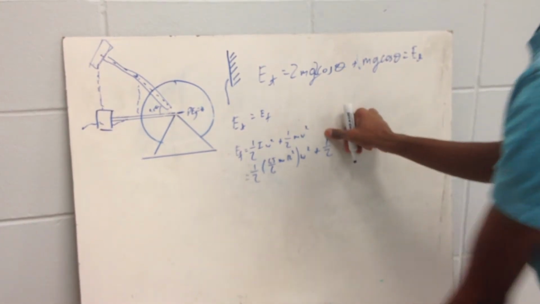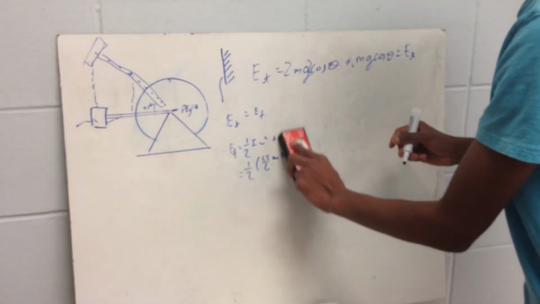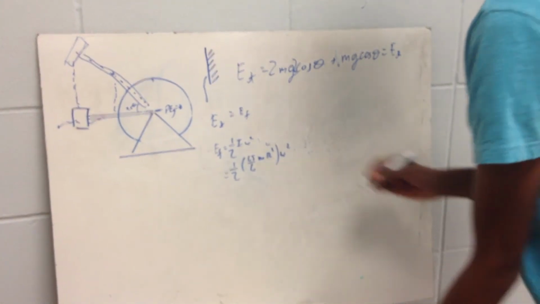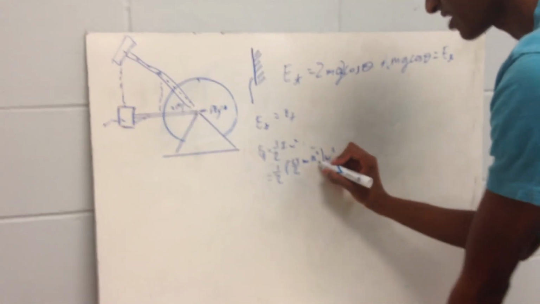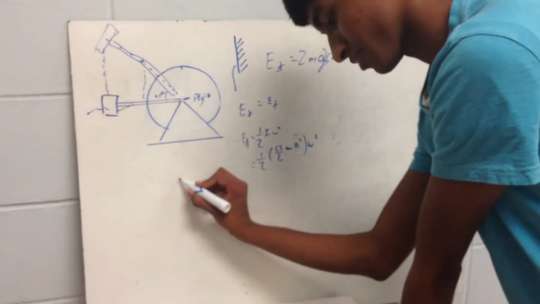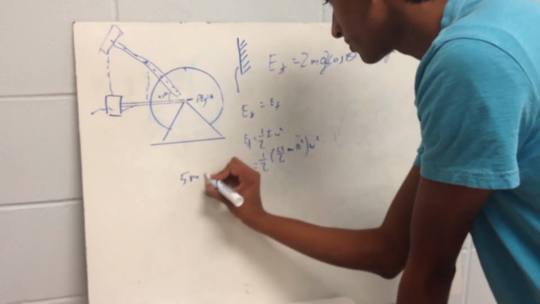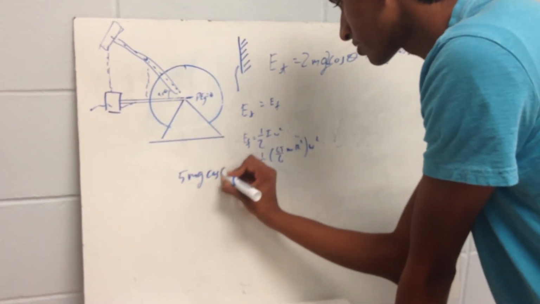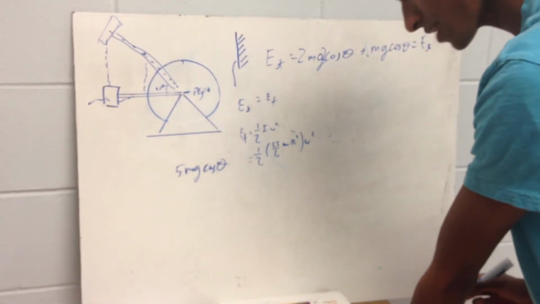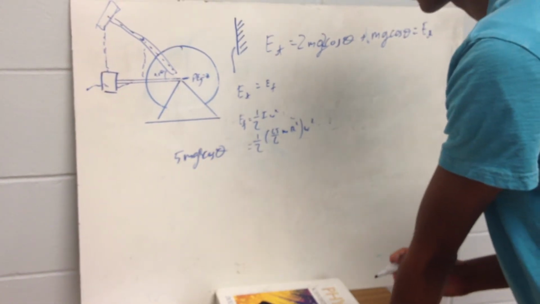Actually, we have no translational movement here, so the translational term can go away. So we have 1/2 times 65 over 6 m r squared w squared, and that equals this whole quantity over here, which is 5 mgr cosine theta.